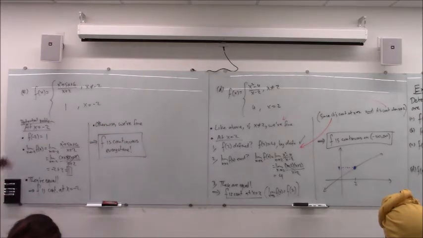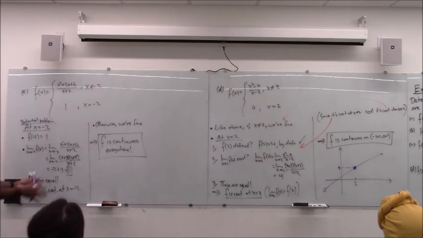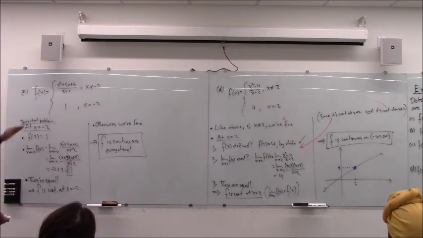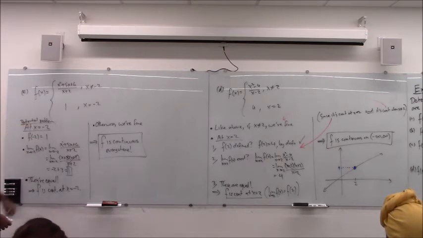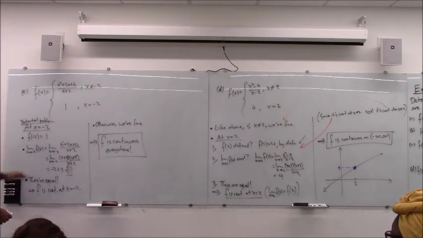So that's kind of the thought process. If this were a test and I'm grading your work, I want to give you full credit for something. A full credit answer would look something like this, where I can see what you're thinking. I can see that you identified potential problems here, otherwise we're fine. Specifically dealing with the potential problems, I want you to show that they all check out.